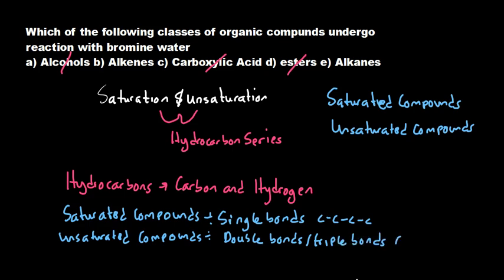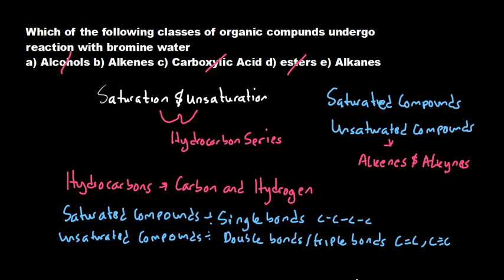So something like C to C double bond and C to C triple bond. So basically, examples of unsaturated compounds are alkenes and what? And alkynes.